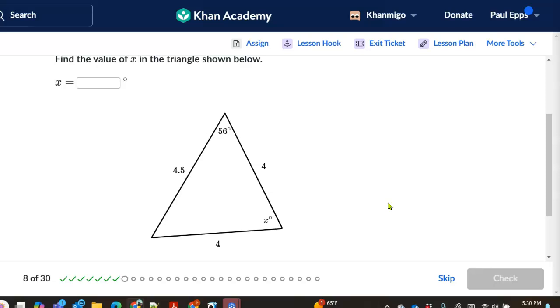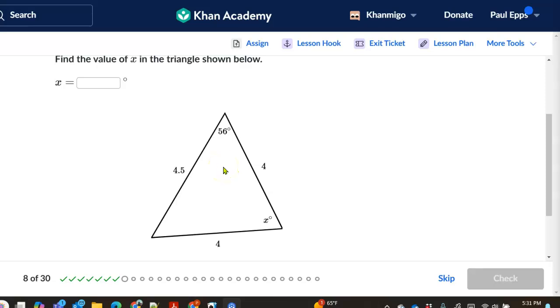Find the value of x in the triangle below. Okay. Guess I should probably write this. Let's go up here. Why does this keep dropping down into my line of sight? All right, 56, 4, 4.